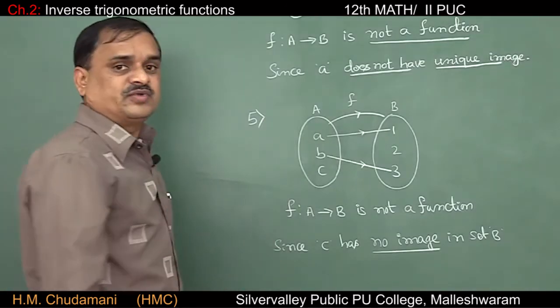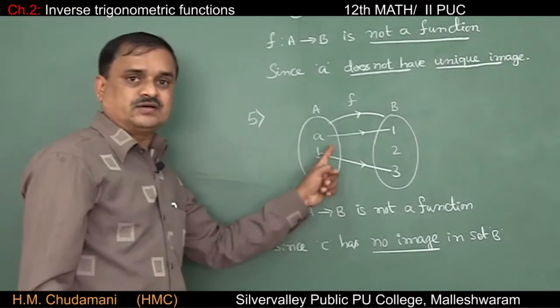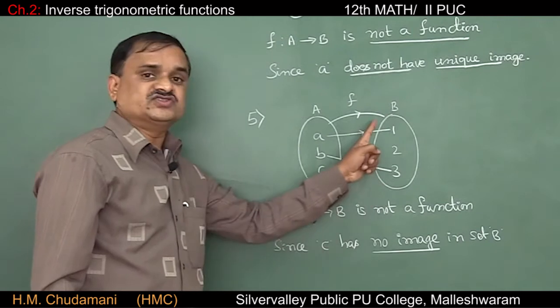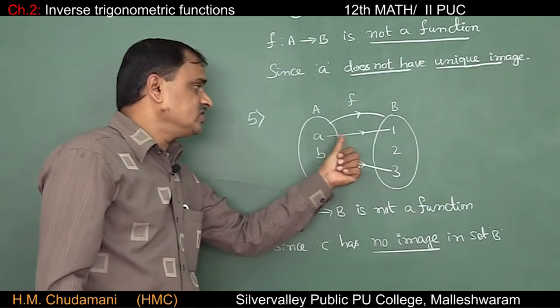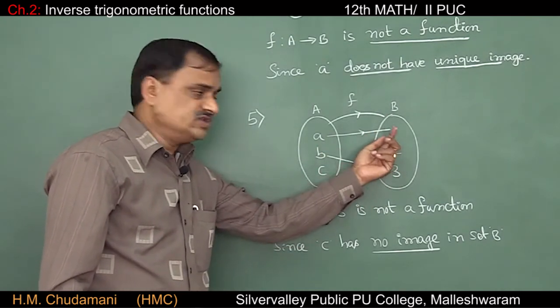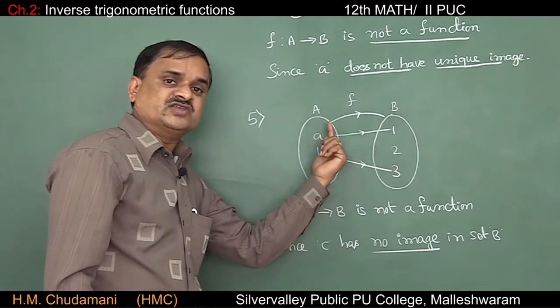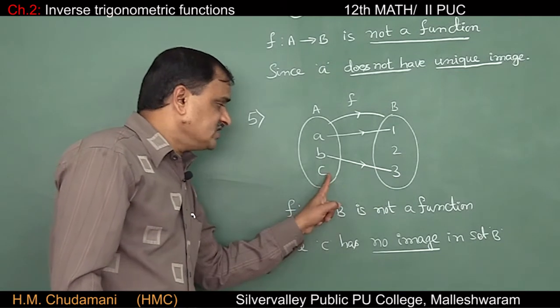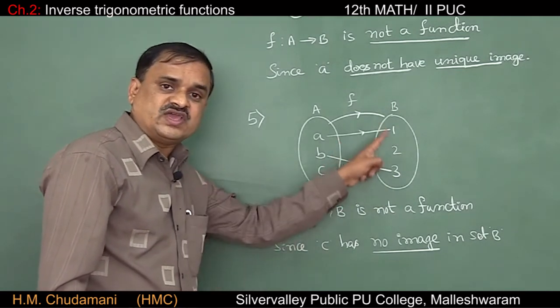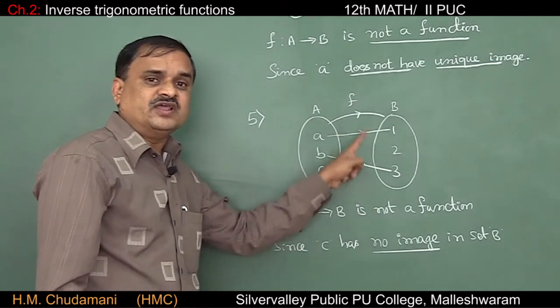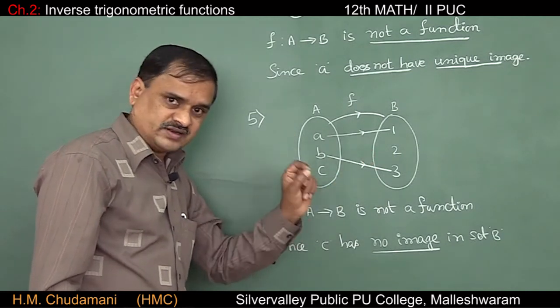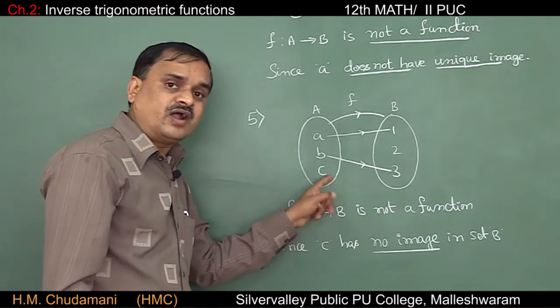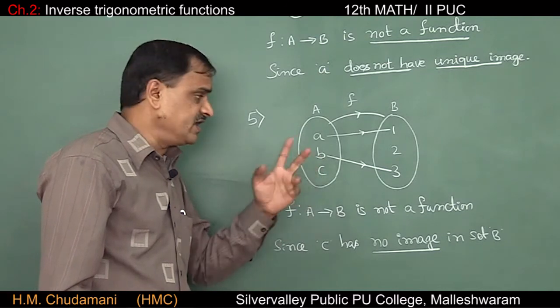One more example, the set A consists of A, B, C and the set B consists of 1, 2, 3. Image of A is 1, or else 1 is the pre-image of A. Image of B is 3, whereas C is not associated to any of the elements of the set B, or else C is not the pre-image of any of the elements.